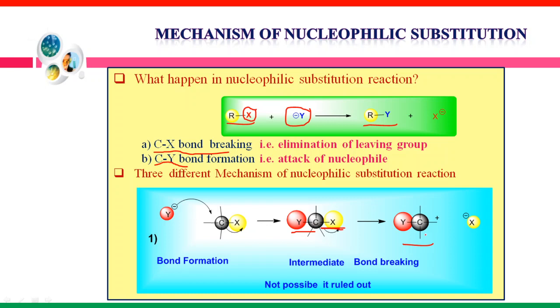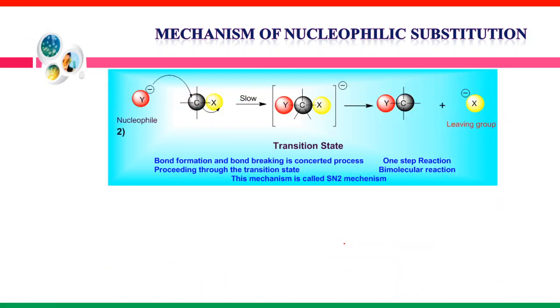But this type of mechanism is ruled out. It is not possible because in the intermediate formed, the carbon atom has 5 bonds. The maximum valency of carbon is 4. Therefore, formation of such an intermediate is not possible.